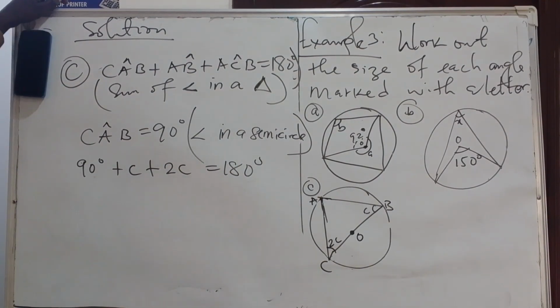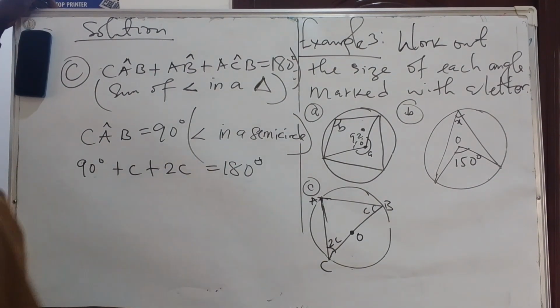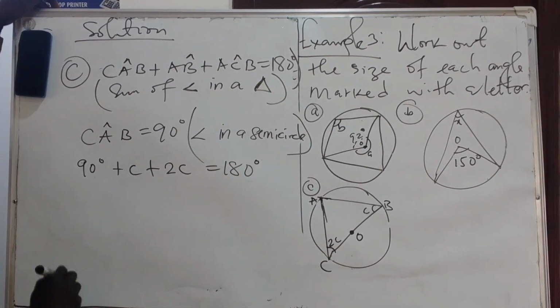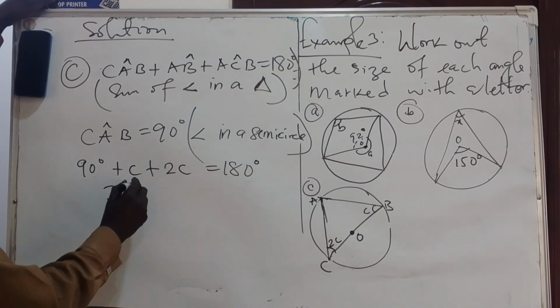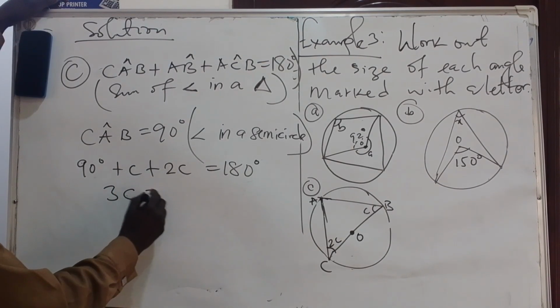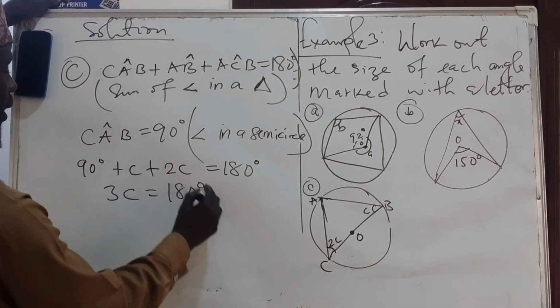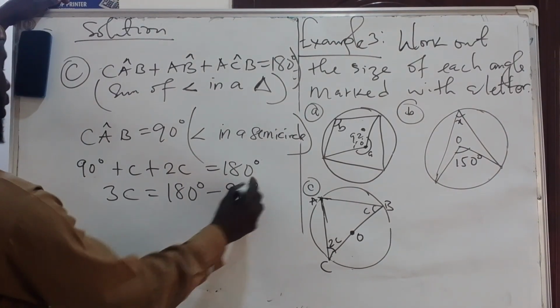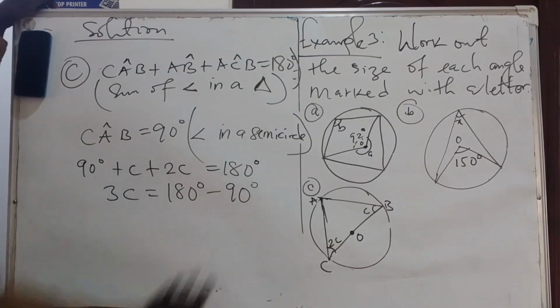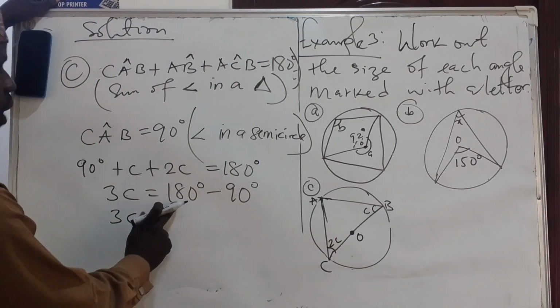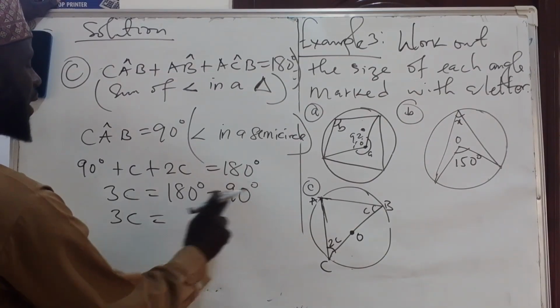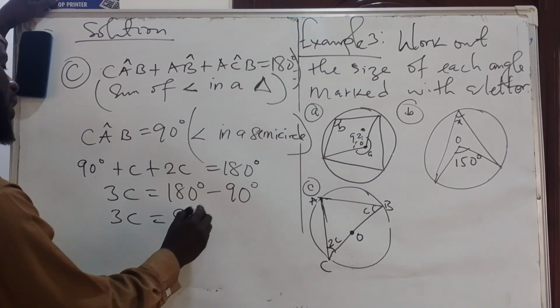So that you have C plus 2C, that is 3C, is equal to 180 degrees minus 90 degrees if you collect the like terms. So that 3C is equal to 180 minus 90, and that will be 90 degrees.